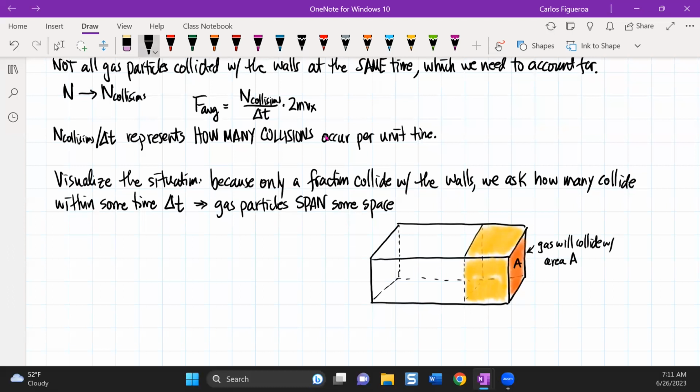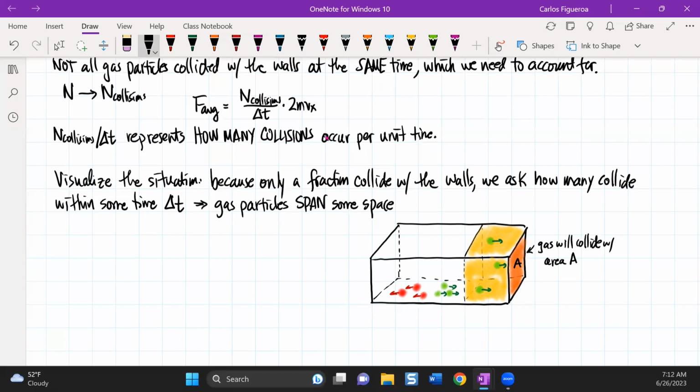Now if I look at the gas particles within here, I'm going to label these guys right here in green. These gas particles, the green ones, are all moving to the right, let's say. And then I have gas particles that are moving to the left, excuse me. So what am I trying to do here?